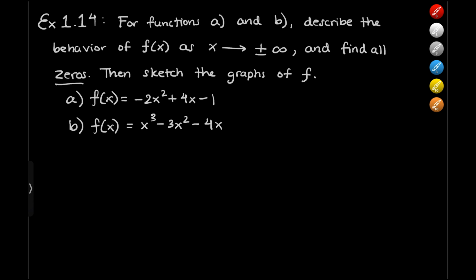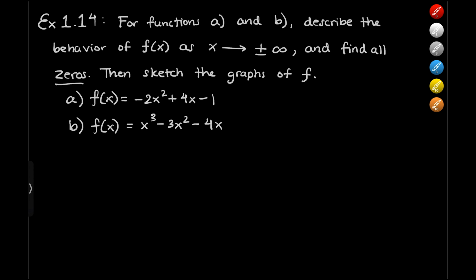Now we're going to look at this example problem. It says for the functions a and b, describe the behavior of f of x as x approaches positive or negative infinity, and find all the zeros. Then sketch the graphs.